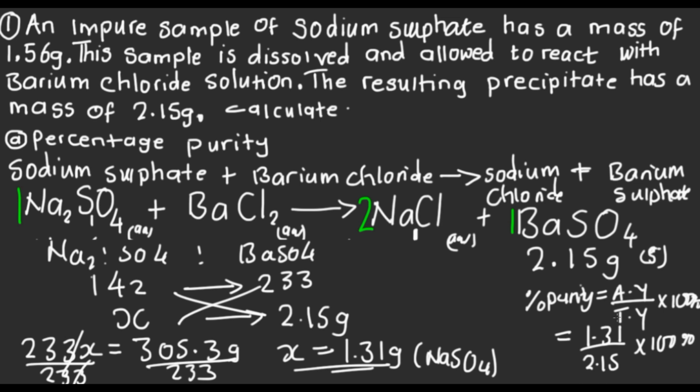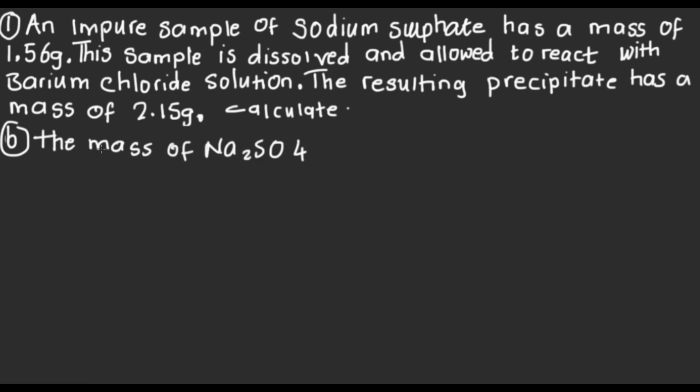So if we say 1.31 divided by 2.15, then multiply by 100, I'm getting as my final answer 60.9%. So out of 100%, 60.9% was pure.